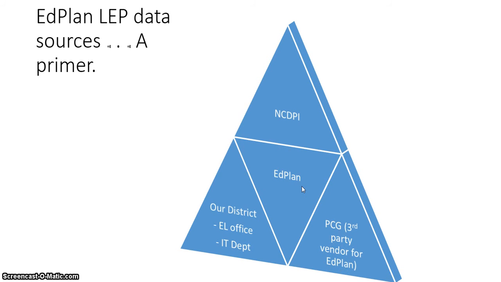So anytime we make a change with EdPlan or we have to make a correction, there are simply a lot of moving pieces. It's not something where I can very easily switch something that will instantly apply a fix. Oftentimes I have to go back to the programmers at PCG and work with them to change something.